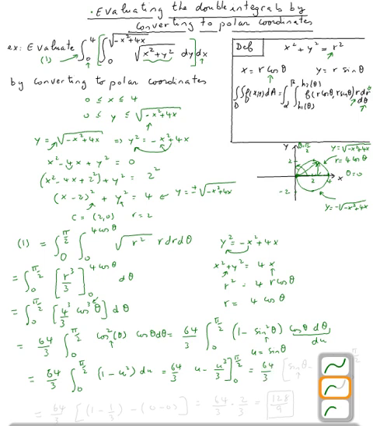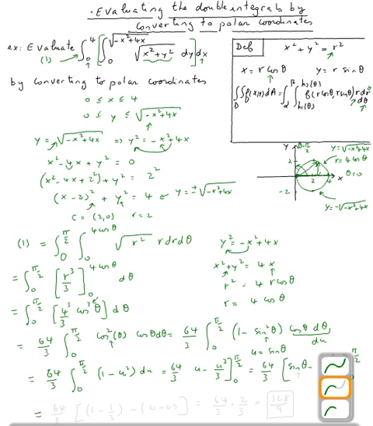My u happens to be sine, so sine of theta minus sine cubed of theta over 3, and you want that to go from 0 to pi over 2.